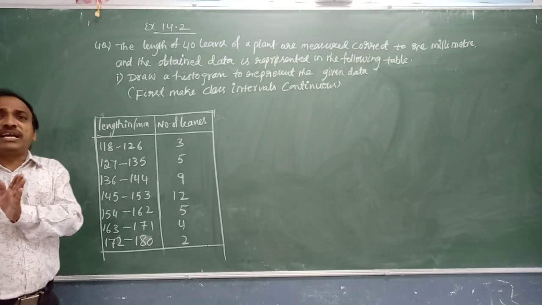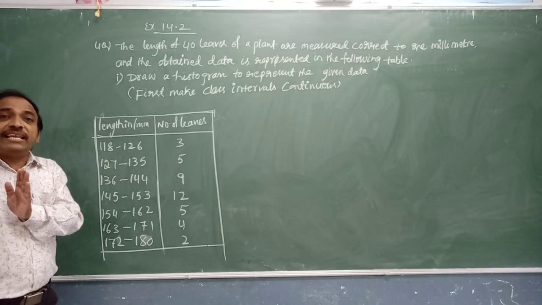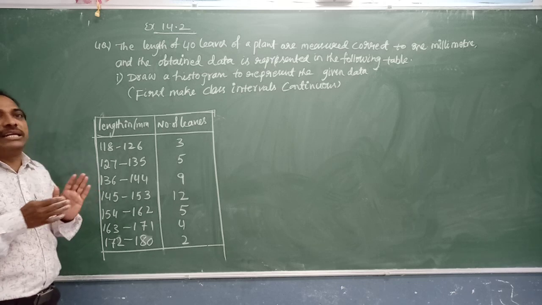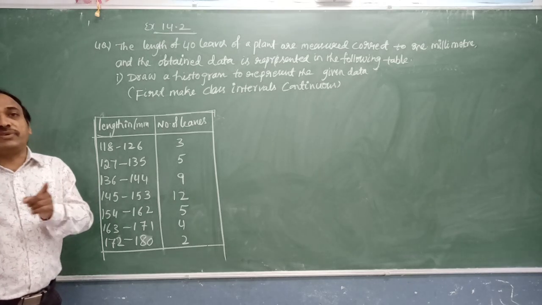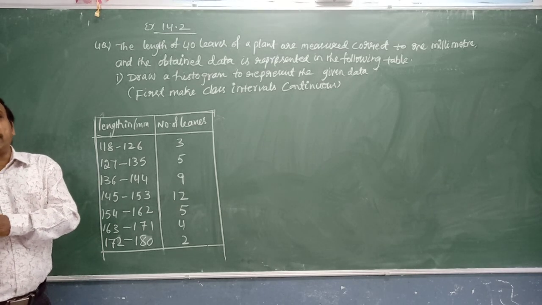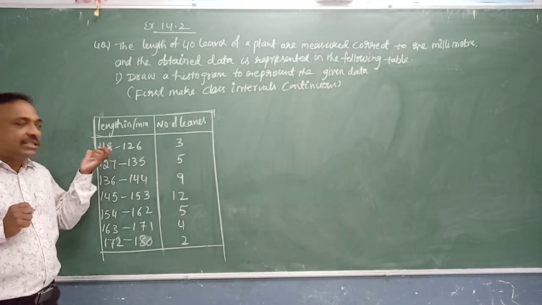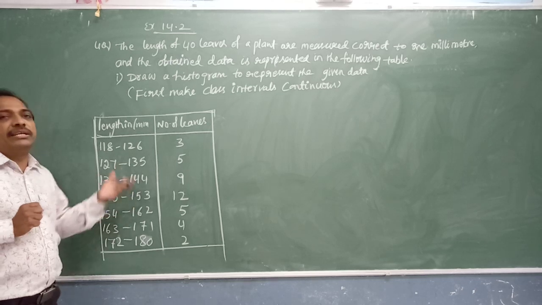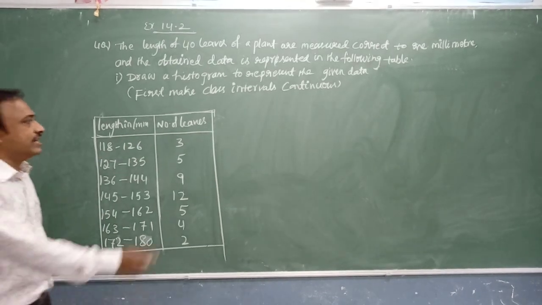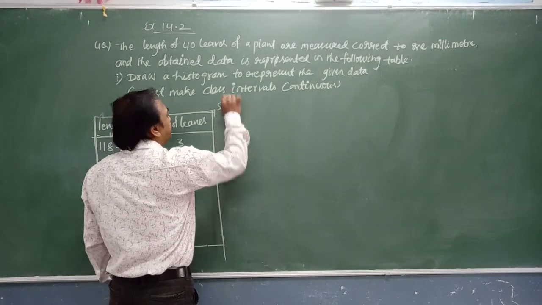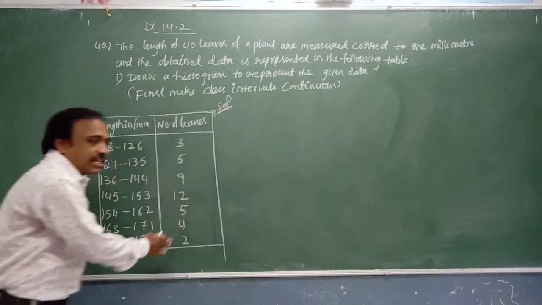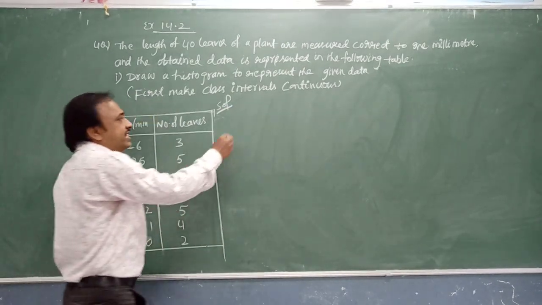If any decimal values are there, then we can enter them only into continuous class intervals, not into discontinuous data. So now we convert this given table into continuous class intervals. This is the question part and we are doing the answer here.